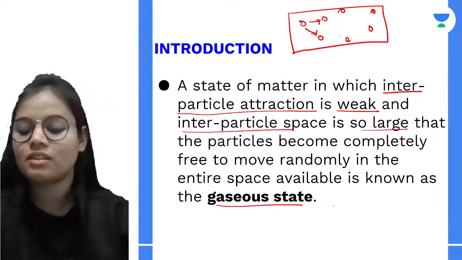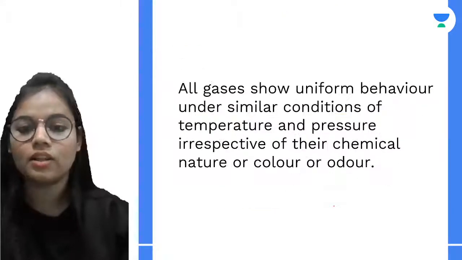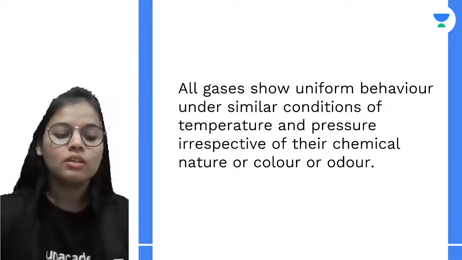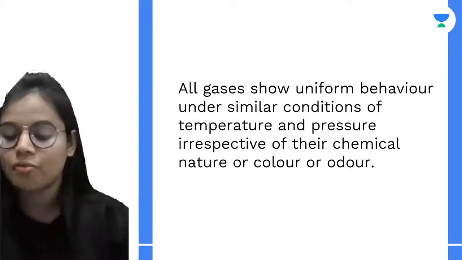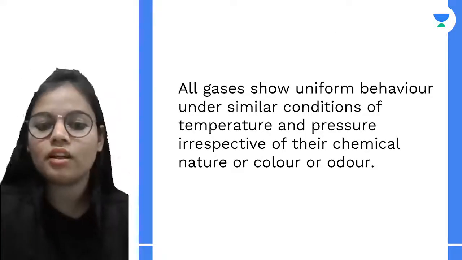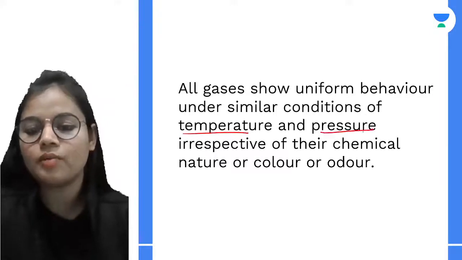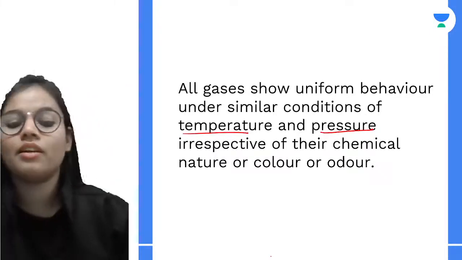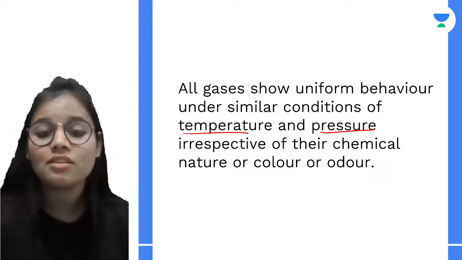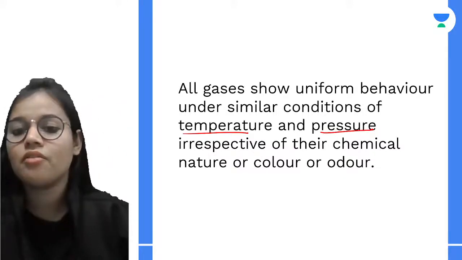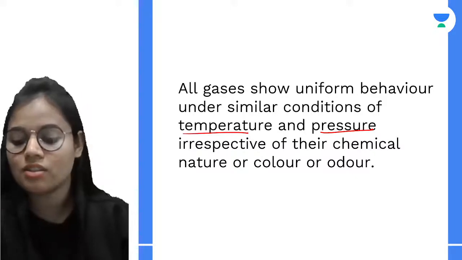It just takes the shape of the vessel. Gases show the same kind of behavior under similar conditions of temperature and pressure. They are not dependent on their nature, color, or odor. If we change the temperature or pressure, they will show similar changes.